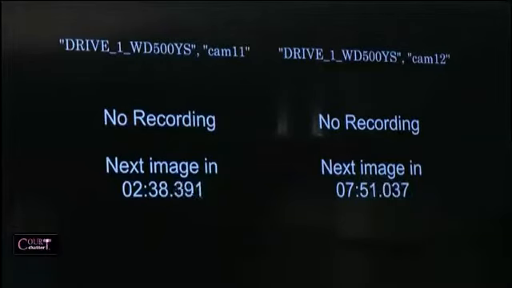I see that the recording times for the next frame are differing at this point in time between both of those cameras. Depends on the motion sensor and the operating system on how it decides when to record and not record. So they have independent mechanisms to detect motion.